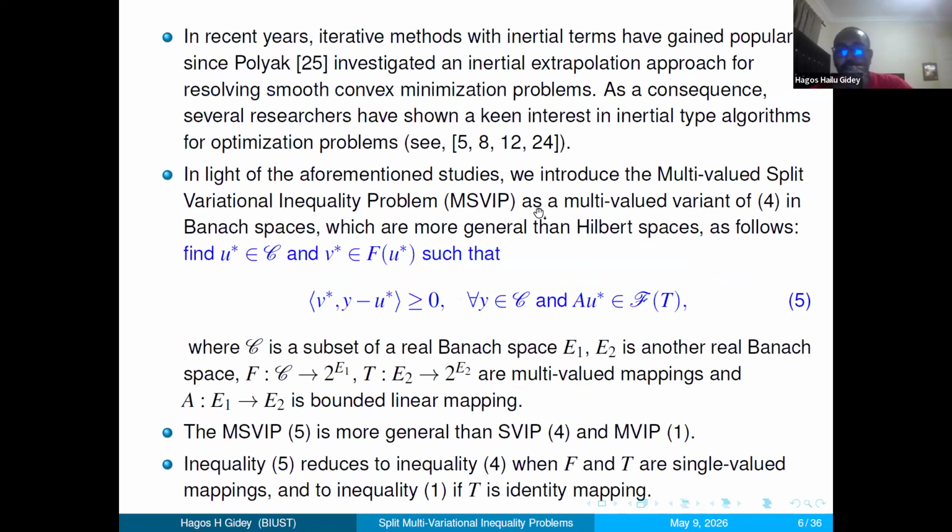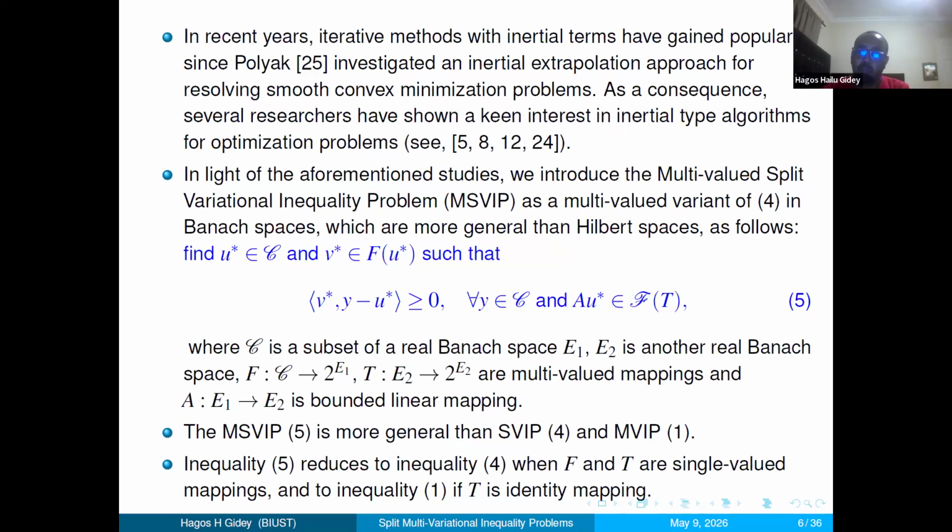There are several methods used to solve problem 4, such as the inertial method, which was discussed by Dr. Solomon and Dr. Mengistu. This inertial method helps to accelerate the convergence of the scheme, and there are lots of studies using it.